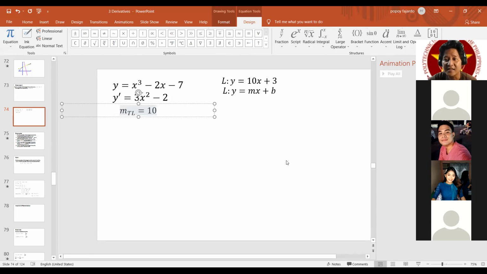In this case, 10 din. Tama? Okay, so meron na tayong slope.